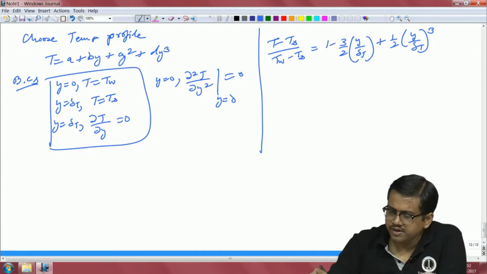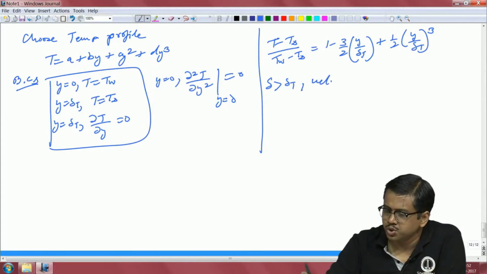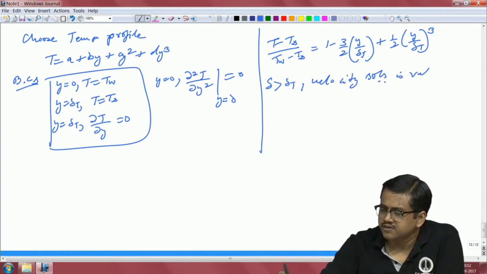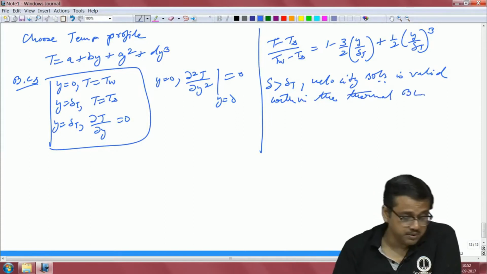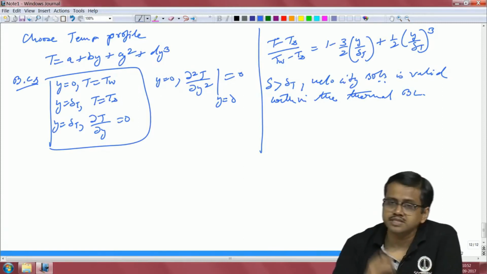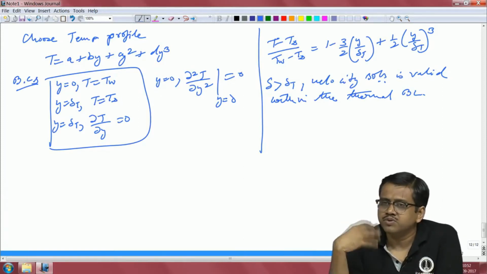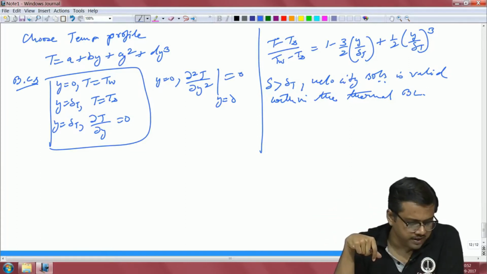Now, if delta is equal to delta t, the velocity solution is valid within the thermal boundary layer. That was the assumption that we made initially also, because it is a thick velocity boundary layer. So, whatever the velocity solution was is kind of imposed on this as well.